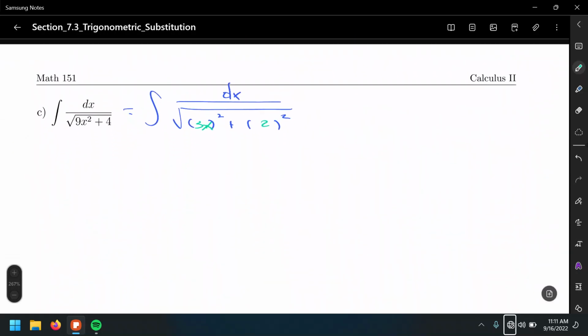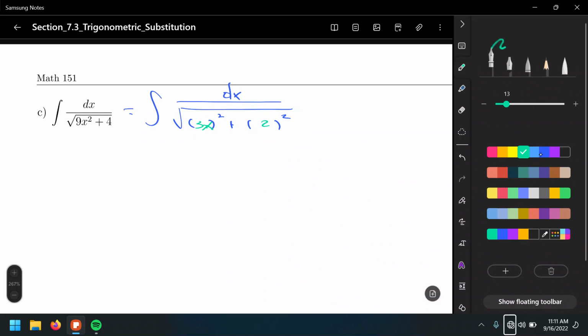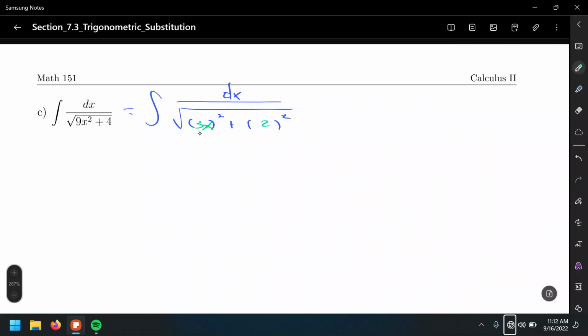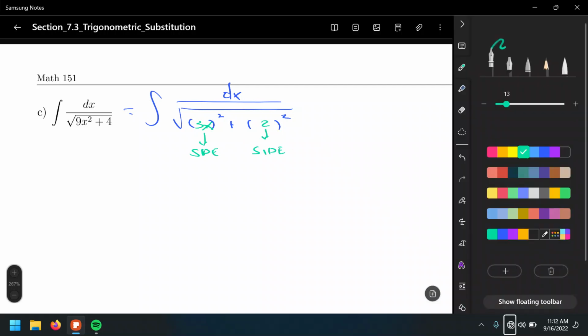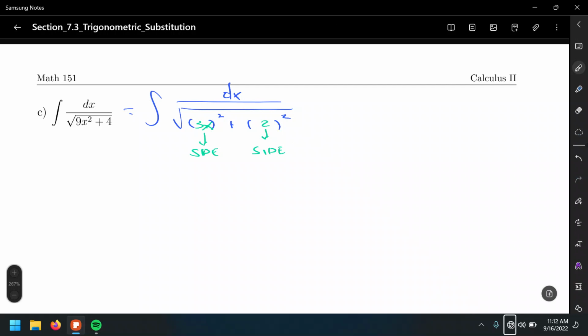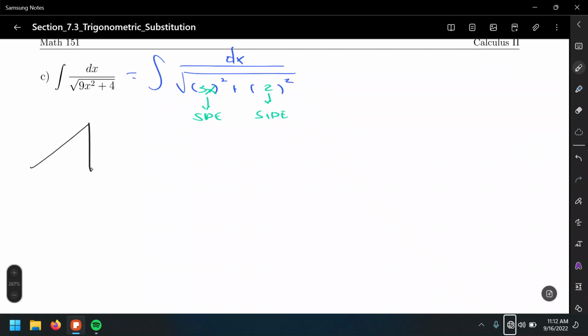So that means side and side. Theta, and in this case it doesn't matter which side is which.